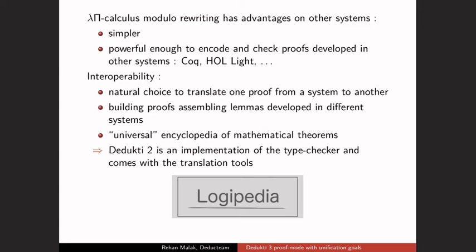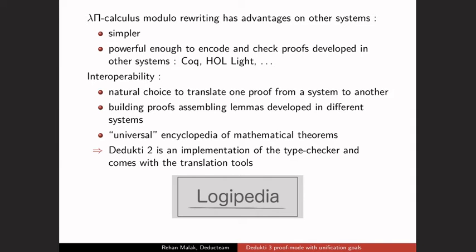So this framework has several advantages. It is simpler than Coq, but it is powerful enough to encode and check proofs developed in other systems. So it is a natural choice for interoperability, as it allows you to translate proofs from one system to another.